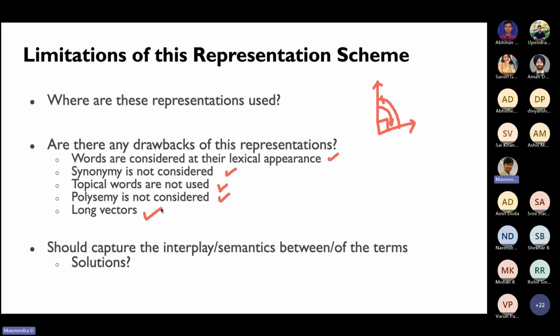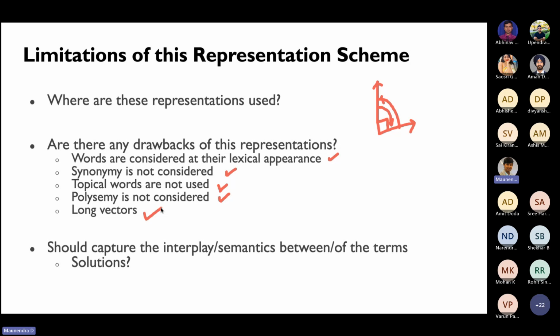So the ceiling has to be broken, and that meant that whatever drawbacks we are seeing here, we need to address them in a much better way. This went on for a long time, and then from 2012-13 onwards, we started seeing many different approaches which changed the way these representations are used.